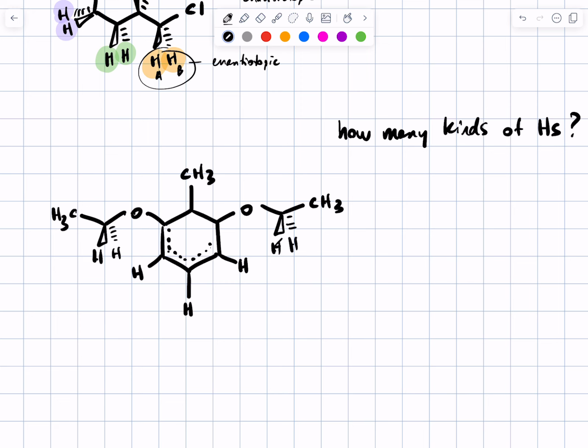If we draw the resonance hybrid, what I mean is that if we number carbons 1, 2, 3, 4, 5, and 6, the bond between 1 and 2 should be the same as the bond between 1 and 6, if that makes sense. Okay?